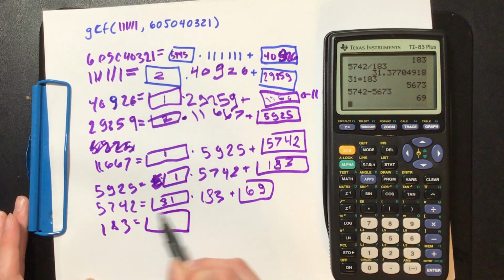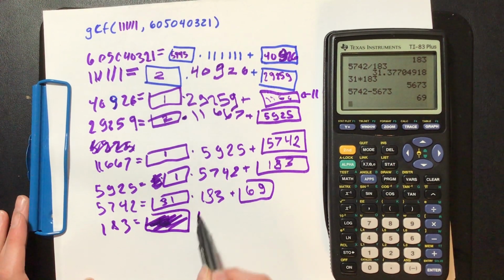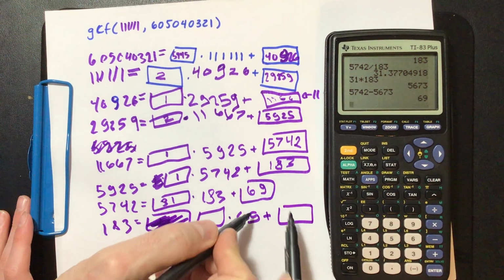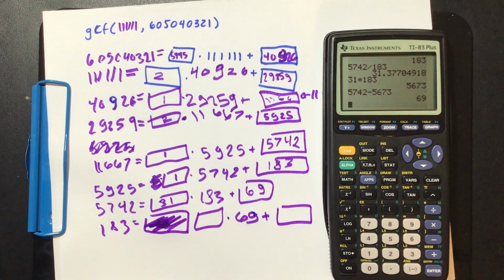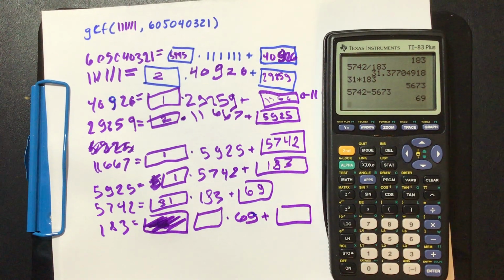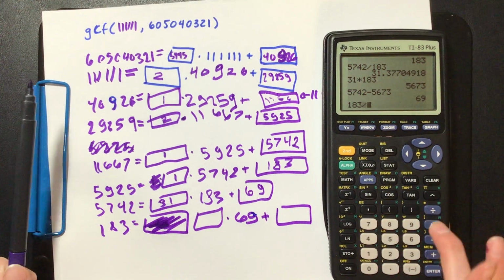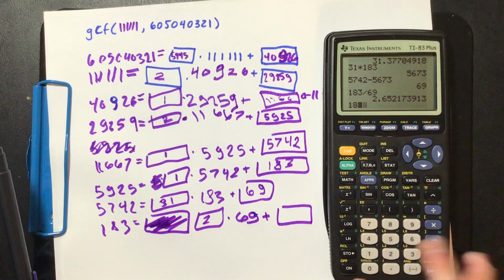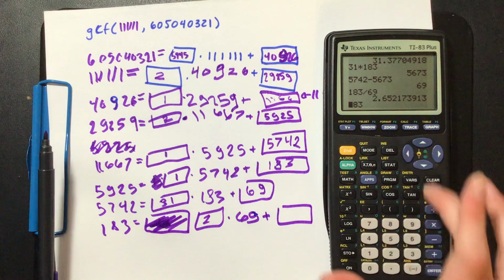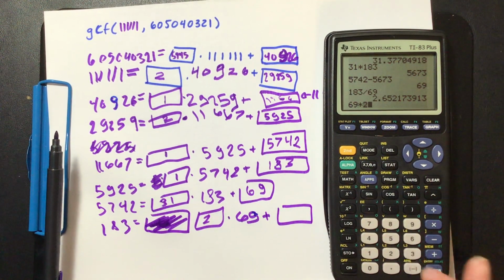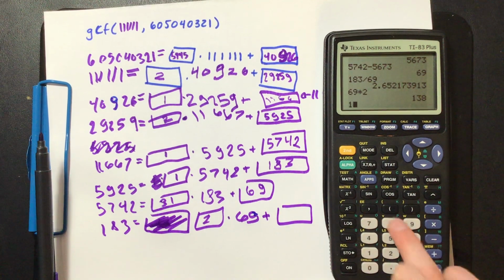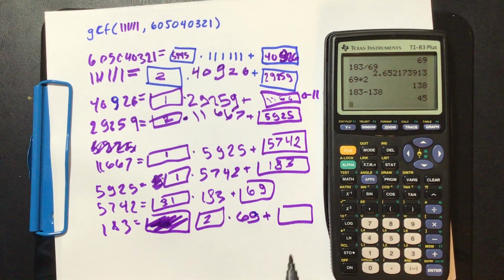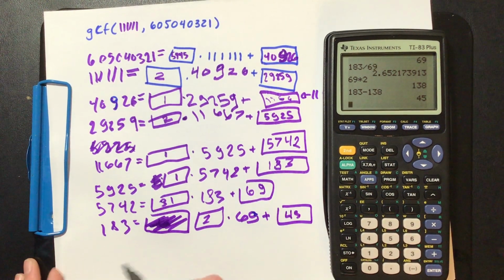183 equals 6. Okay, so equals 2. Man, this is a long process.